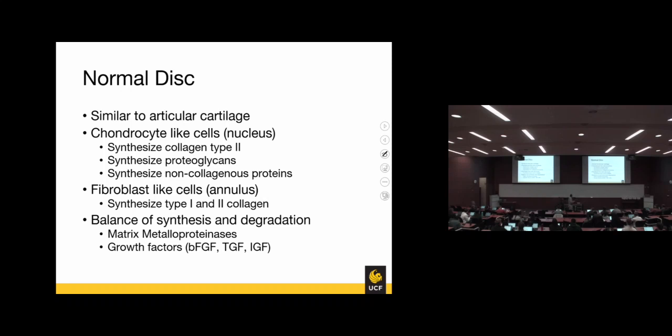And of course, you have to remember that the aging of the disc, or the function of the disc, the physiology of the disc, is all a balance of synthesis and degradation. So there are matrix metalloproteinases and then growth factors that are competing with each other and basically keeping a turnover in progress.